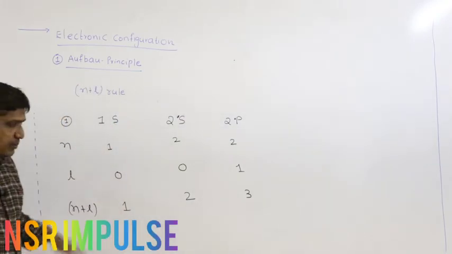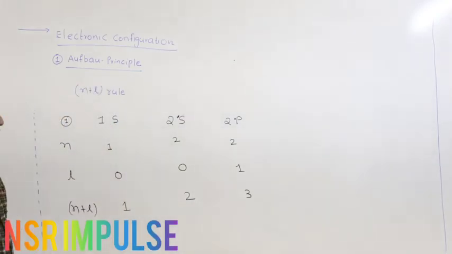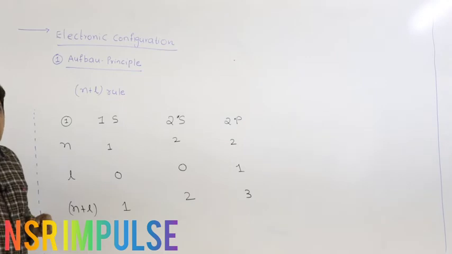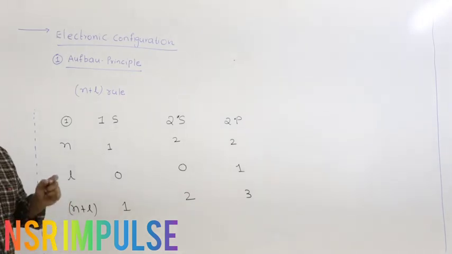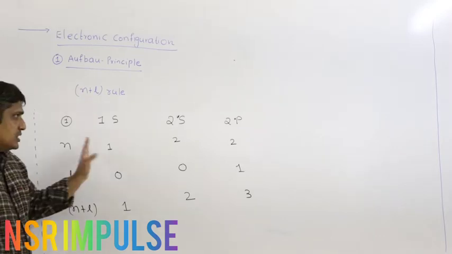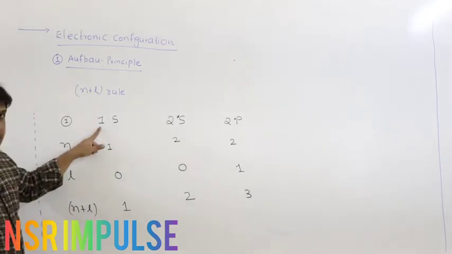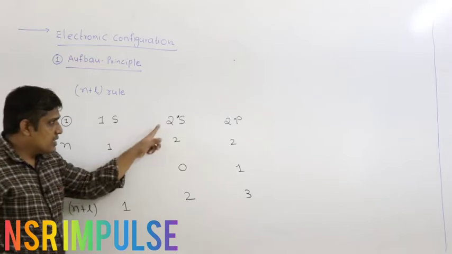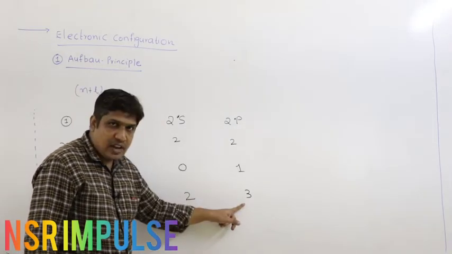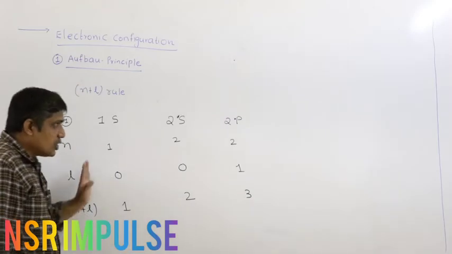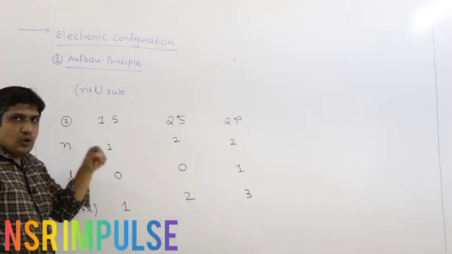So we have our n plus L values, right? The orbital having lower n plus L value has lower energy and should be filled first. So in these three orbitals, 1s n plus L value is 1, 2s orbital n plus L value is 2, 2p orbital n plus L value is 3. So out of these three orbitals, 1s has lower energy.